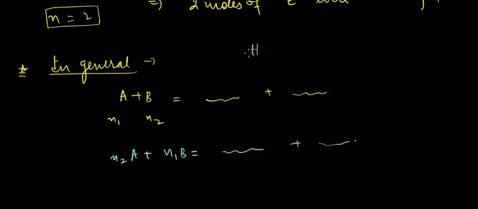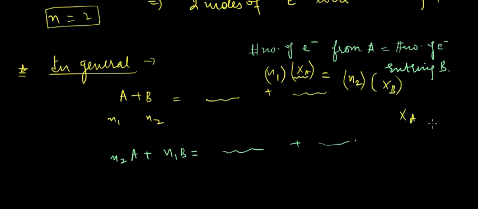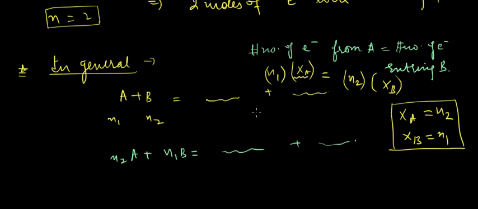So the number of electrons, we are just generalizing, from A, let's say they are entering into B. The number of electrons from A would be the n factor of A, which is n1, into the stoichiometric coefficient of A, let's denote it by XA, and the number of electrons entering B would be the n factor of B multiplied by the stoichiometric coefficient of B. So XA can be n2 and XB can be n1 via a simple ratio, hence we just put it in as a general rule.